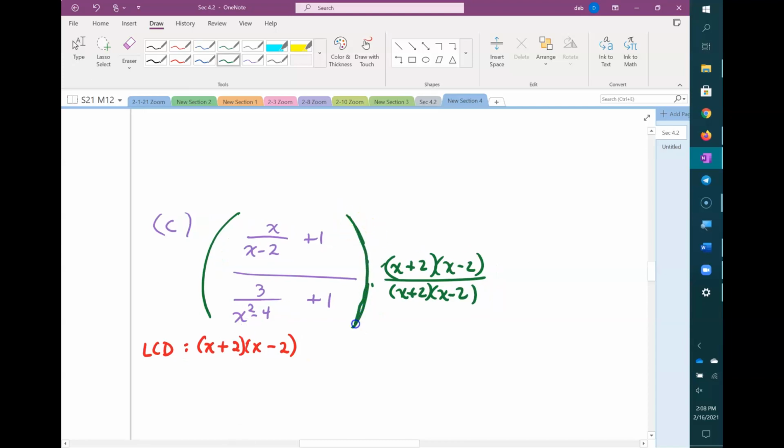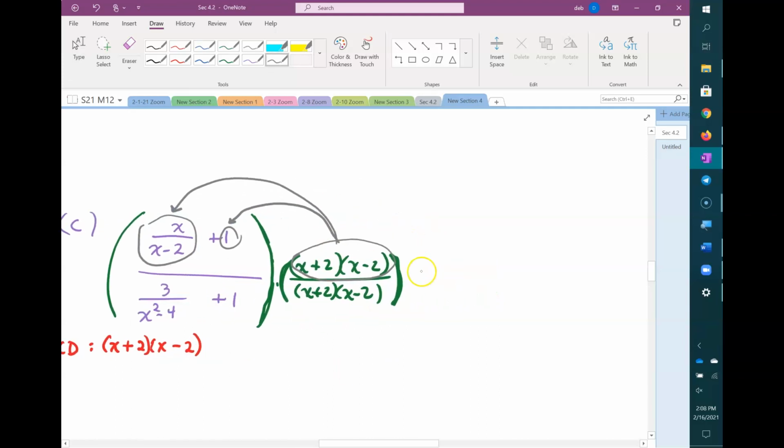And use as many parentheses as you need to make it all make sense to you. And I'm multiplying this entire denominator by each of these two terms. 1, 2. So the first one, the x minus 2's are going to cancel, and I'll have x times x plus 2.